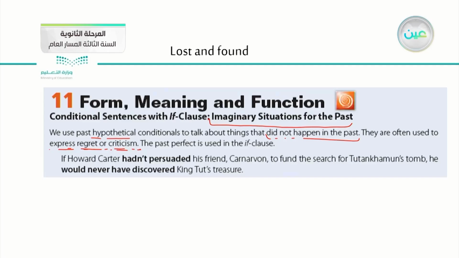The past perfect is used in the if clause. The sentence has two clauses, the if clause and the other clause. For example, if Howard Carter hadn't persuaded his friend, so we use the past of have and has, and we use the past perfect.